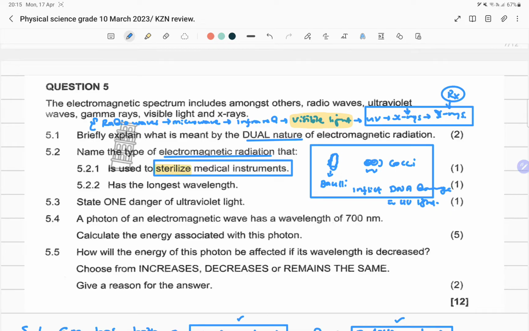Now, which one of these electromagnetic radiations has the longest wavelength? Remember, the length of the wavelength is inversely proportional to frequency, as you can see from the general wave equation. So if we're talking wavelength, it is going to be V over frequency or vice versa.